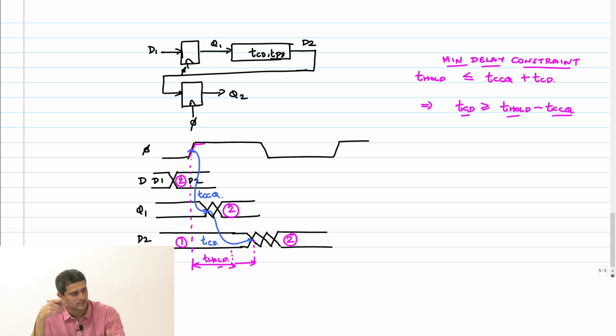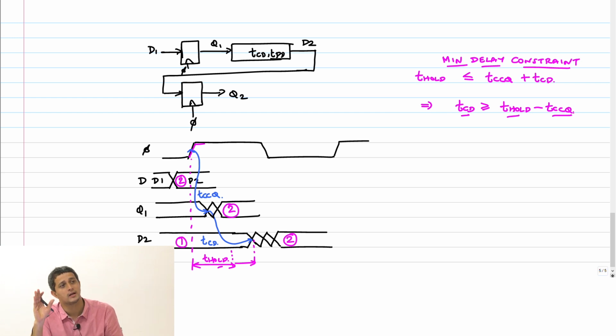If at simulation or at design time itself you figure out there's a hold violation, what should you do? Add buffers and increase the delay of the combinational block, right? That contamination delay you should increase somehow. Add some buffers and you can solve that problem there. But after the chip is manufactured, nothing.